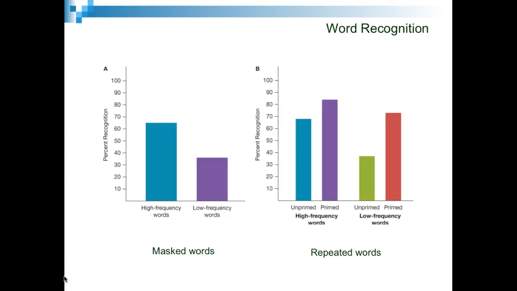Okay, now we're getting into important stuff. I want you to pay some attention to this graph in the text and think about frequency and think about recency. Think about the word that you probably have heard as much as any other word.